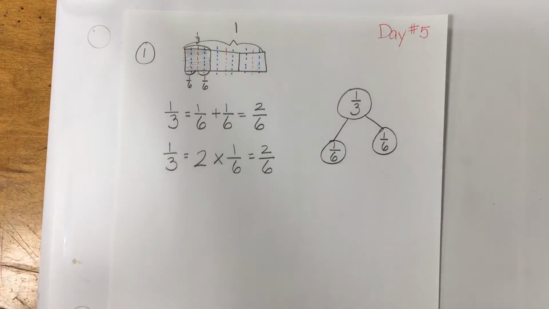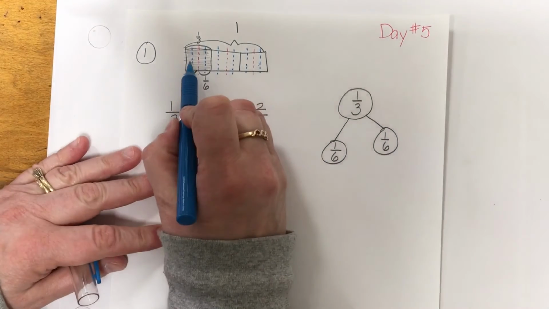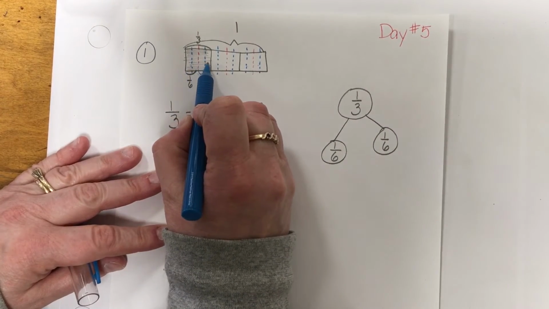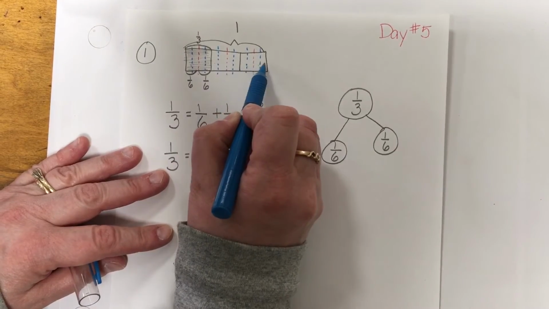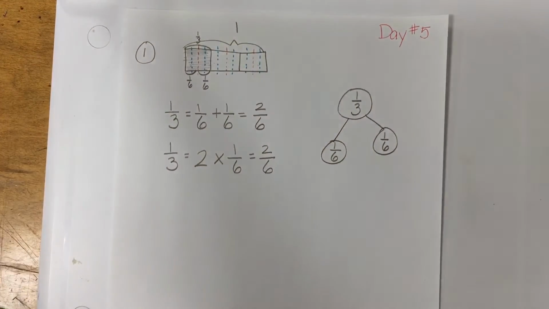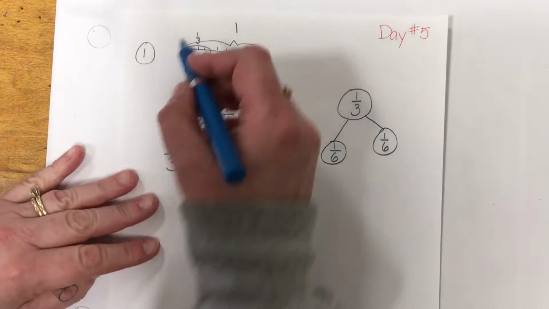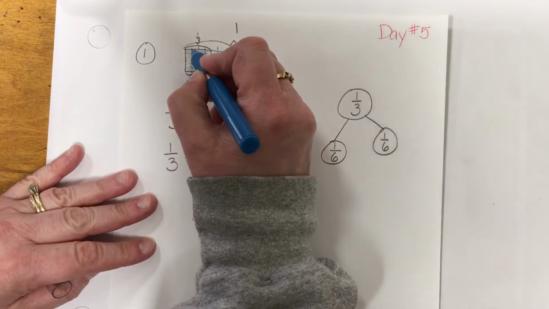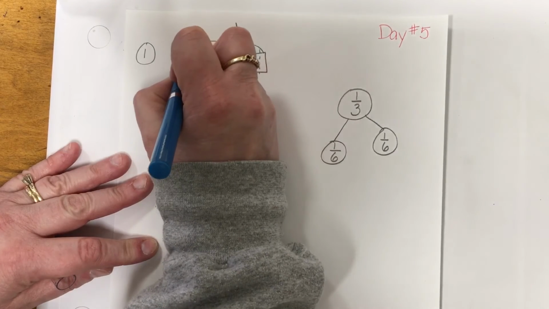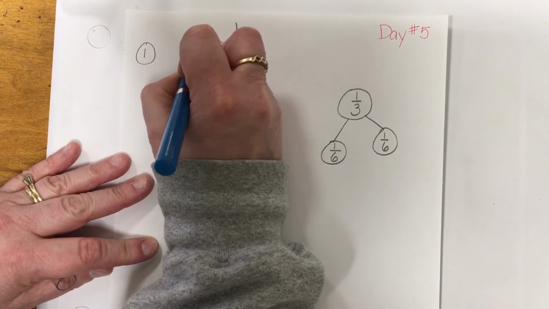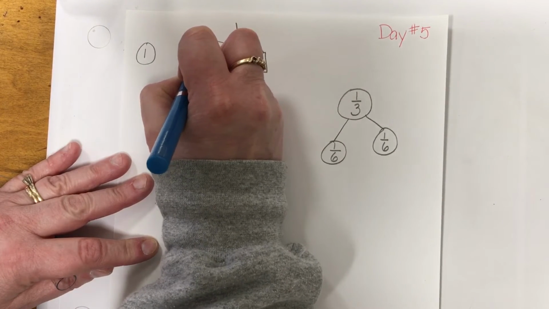All right, how many parts do I have now? 1, 2, 3, 4, 5, 6, 7, 8, 9, 10, 11, 12. So, if I say to you, what fractional part of the whole does each piece represent? You would tell me 1/12. This is a 1/12. That's a 1/12.